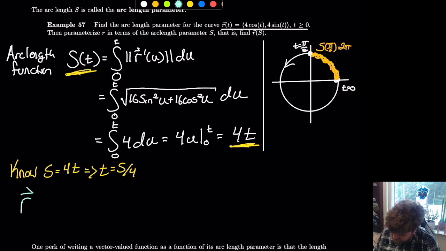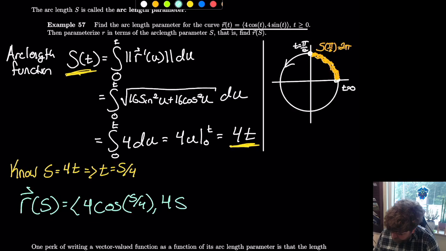I could now say that r as a function of s is going to be equal to 4 cosine of not t, but s over 4, comma, 4 sine of not t, but s over 4 again. So I've replaced all the instances of t with s over 4. And now I have my curve parameterized in terms of this arc length parameter s.